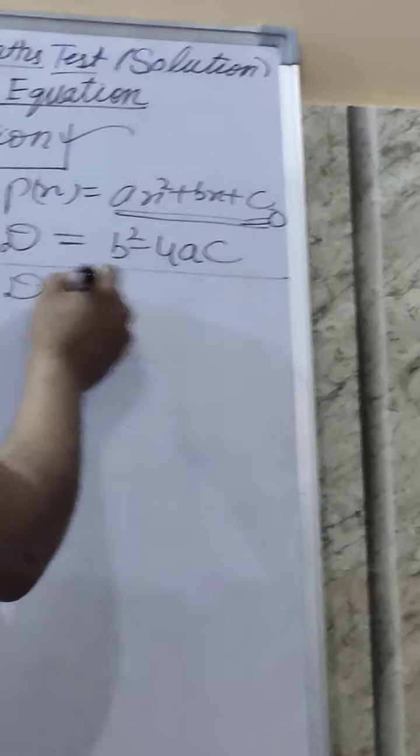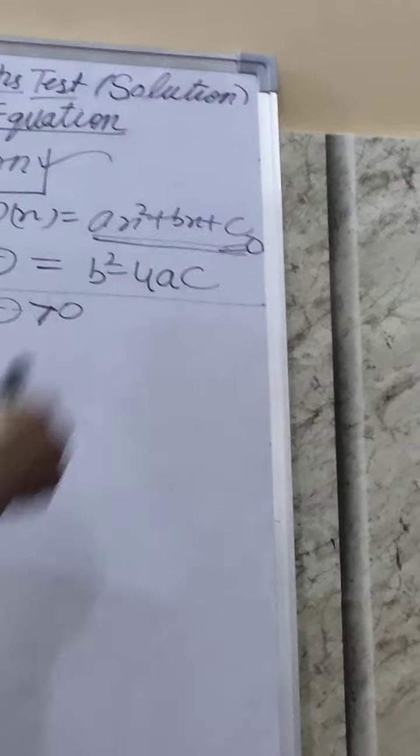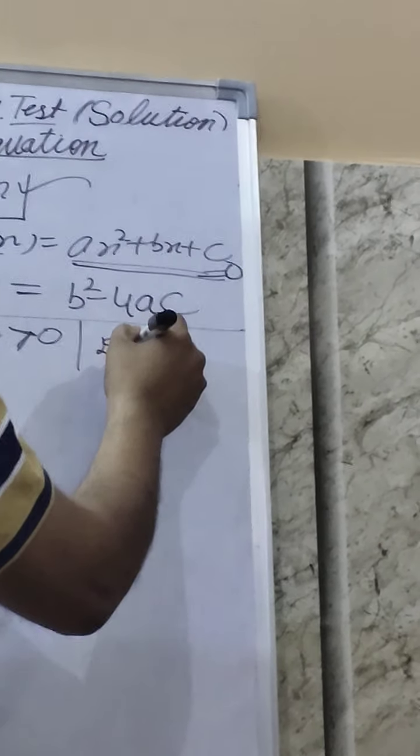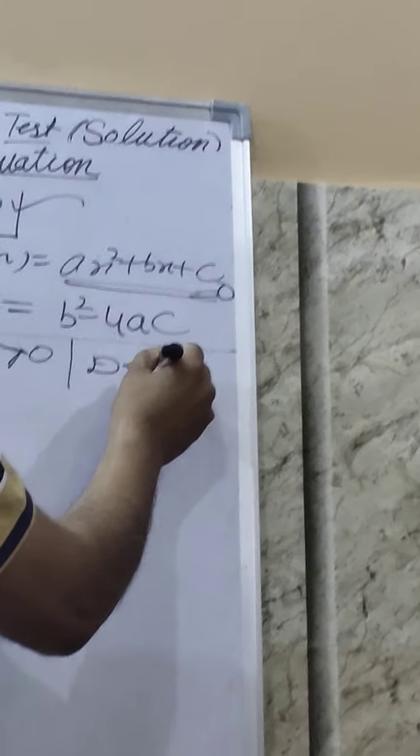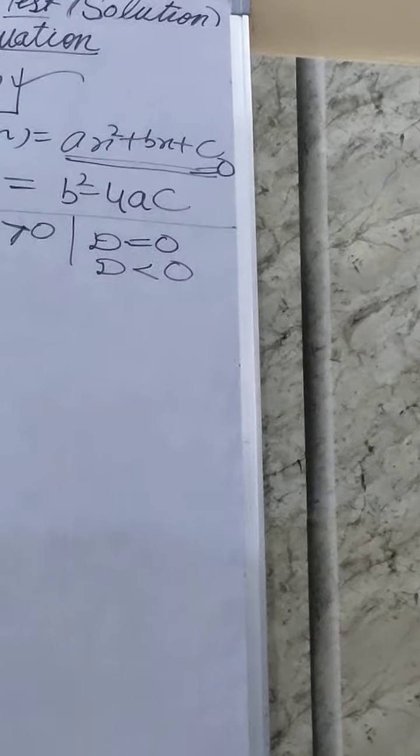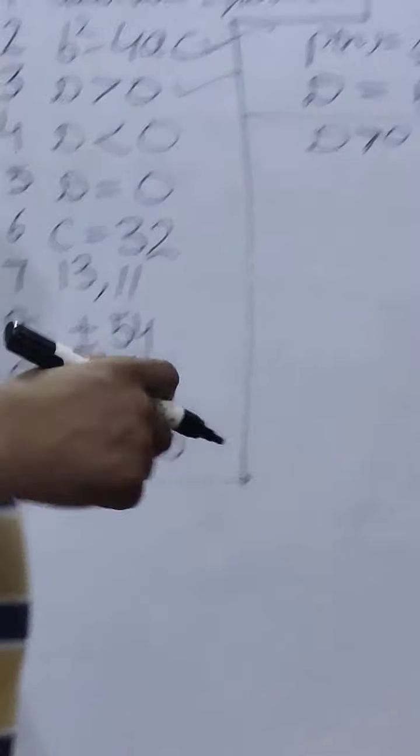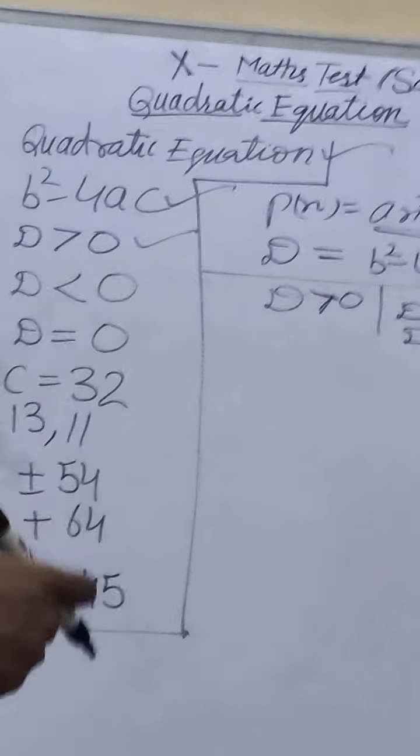So its answer is greater than 0. And if D equal to 0, roots are real and equal. And next is, if D less than 0, then equation has no real roots. Understand? In 11th class, you can solve imaginary roots if D negative is coming.